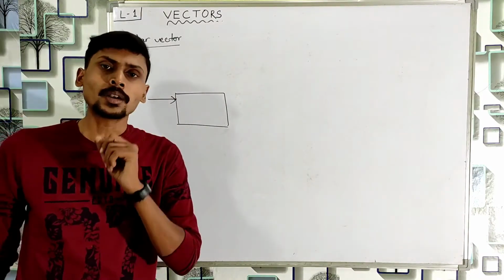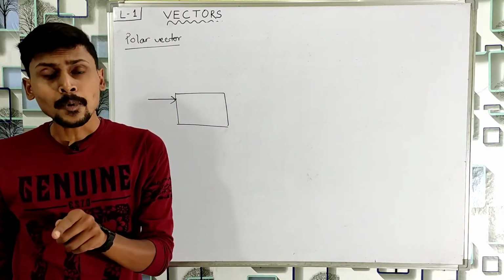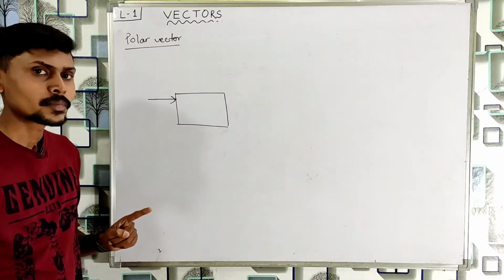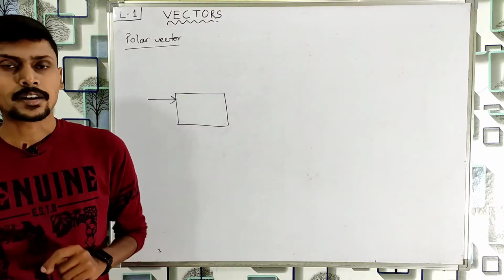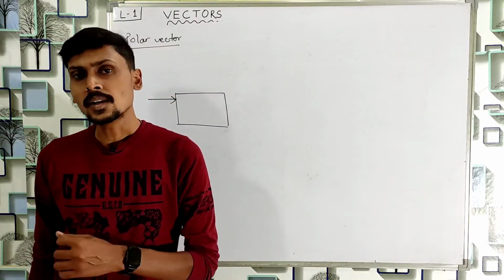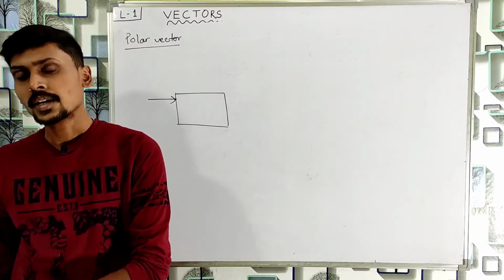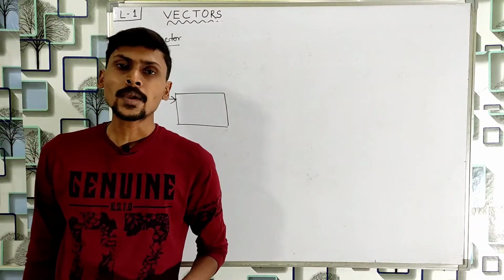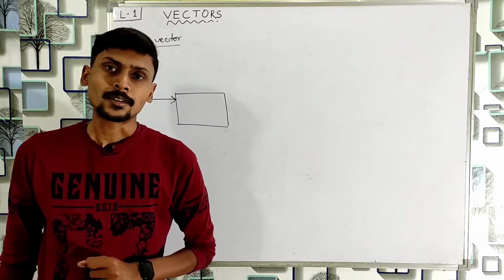The force is a vector quantity, and when we apply force on a body, the force is applied at a specific point on the body. So a vector which has a specific point of action, we call it a polar vector. So force is an example of a polar vector. Similarly, velocity is also a polar vector. Displacement is also a polar vector. Is that clear? So any vector having a point of action is known as a polar vector.